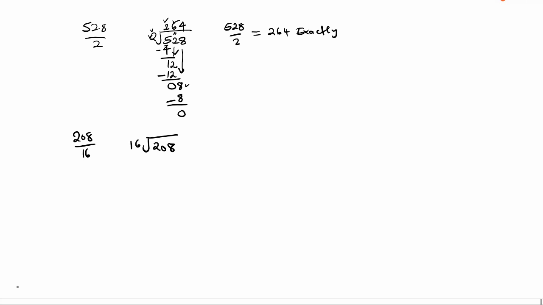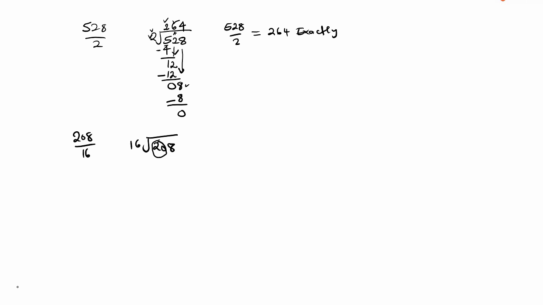Now 16 divided into 2, well, there's no number of times that 16 can go into 2 because 2 is less than 16. So what we do, we combine 2 and 0 and ask ourselves again, 16 divided into 20 gives what?